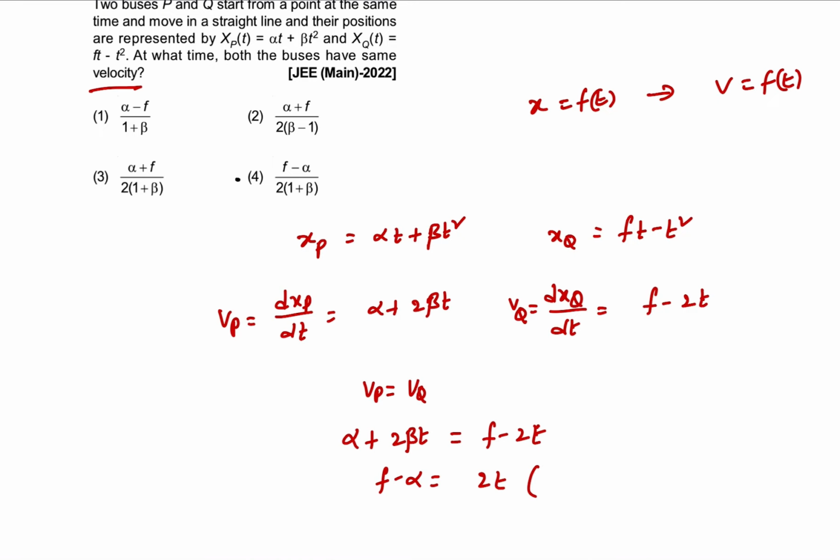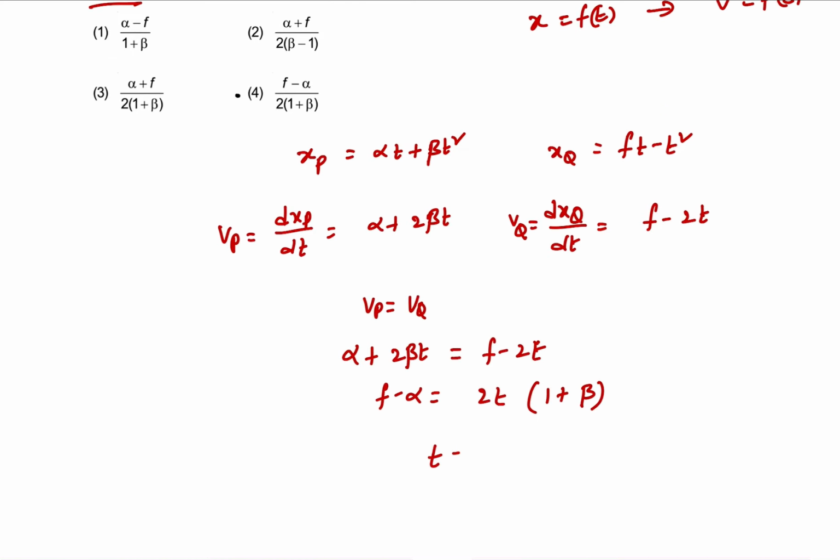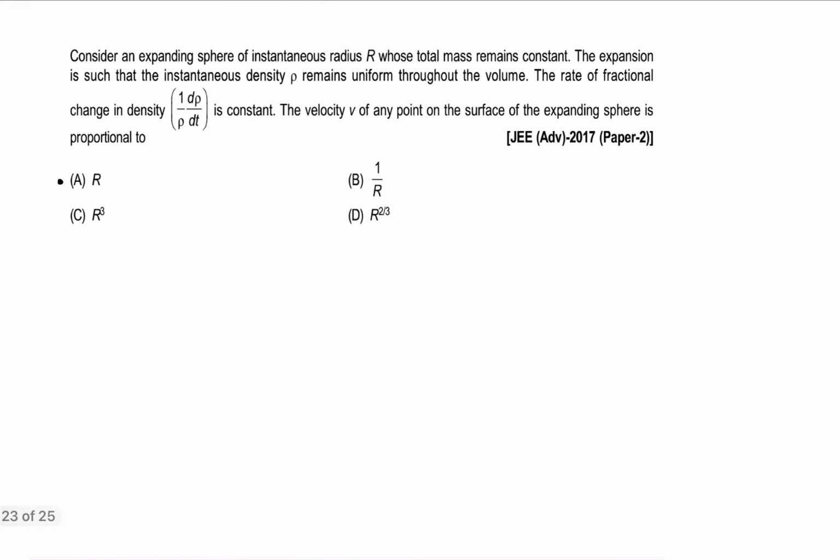So you can get f minus alpha is equal to 2t taken common, times 1 plus beta. So you can get t is equal to f minus alpha divided by 2 into 1 plus beta. Required answer is 4.